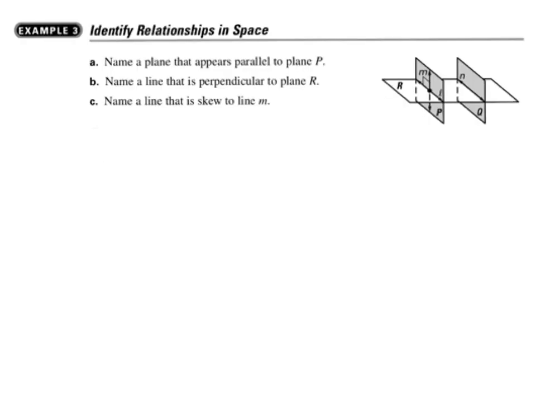Last example, identify relationships in space. Here we have three planes, plane R, plane P, and plane Q. So name a plane that appears to be parallel to plane P. Especially when it says appears, it looks like plane P is parallel to plane Q. There's no precise information that tells us, but from the diagram, that's our observation. So that's A. For B, name a line that's perpendicular to R. There are several lines here.